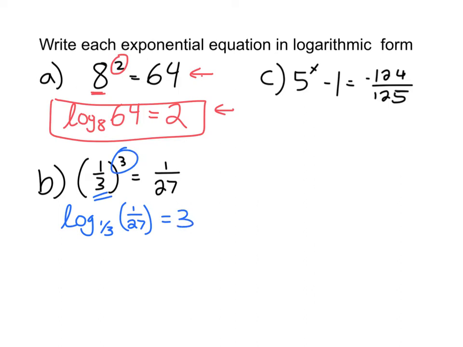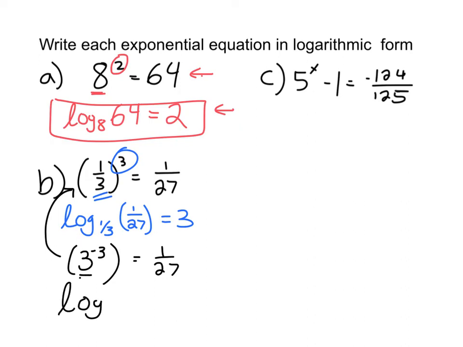Okay. Another way I could have written this, I could have rewritten the original equation here as 3 to the negative 3 power, okay? Because 1/3 is 3 to the negative 1 power, and then it's being brought to the third power, so that's 3 to the negative 3 equals 1/27. If I were to do that, then I'd have log, and the base is now 3.